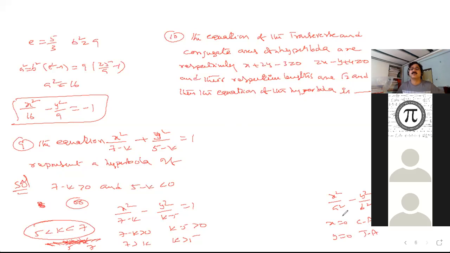Please remember this. So that fellow said here, the transverse axis is x plus 2y minus 3 equal to 0, yes. And the conjugate axis, he has given, is 2x minus y plus 4 equal to 0.